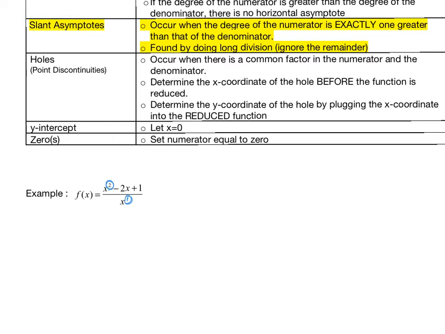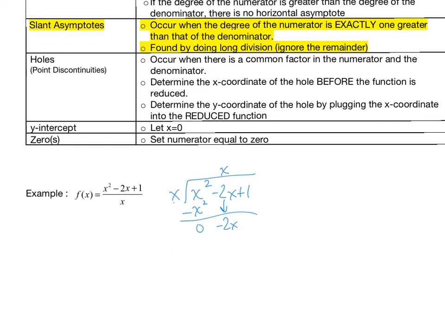It has a slant. We are guaranteed that there is a slant asymptote, and we're going to find it by doing long division. So we're going to divide the numerator by the denominator. I need this x to go into this x squared, which is going to go x times. Then you multiply, and you subtract, and you bring down.